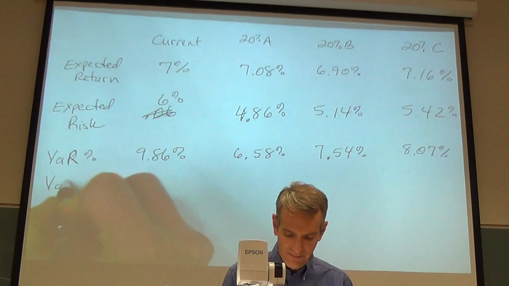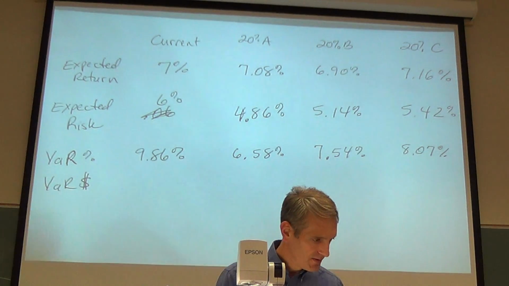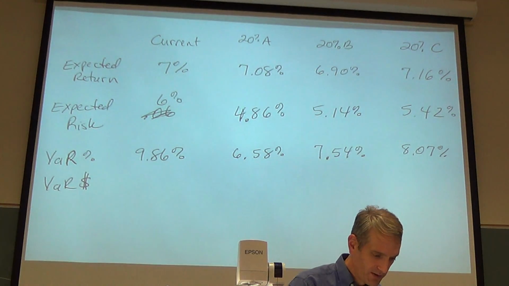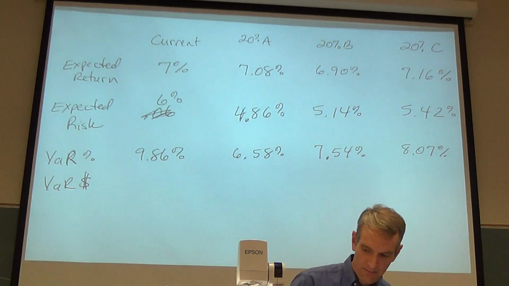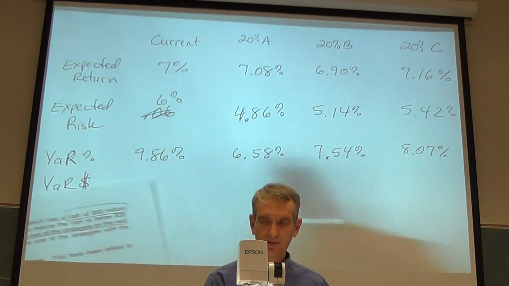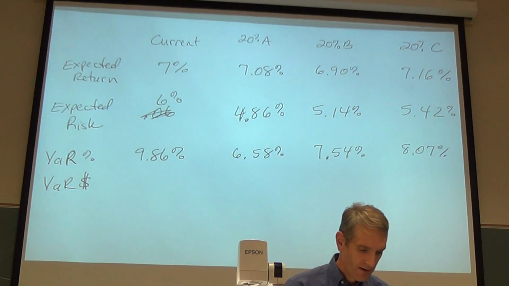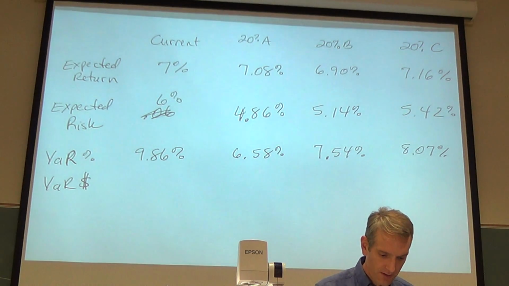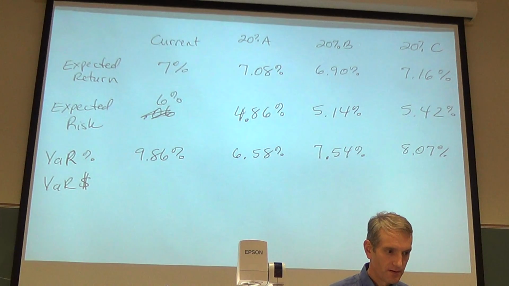Let's do the VaR in dollars. Well, how large was the portfolio? The portfolio is $500 million, so we just take these percentages times $500 million. Let's see what we get.